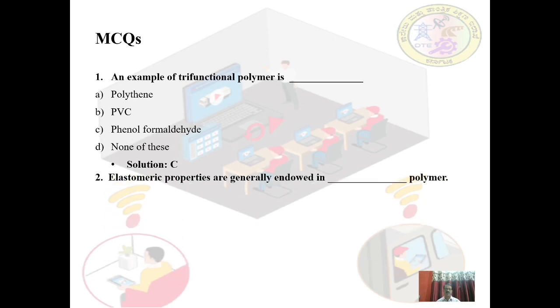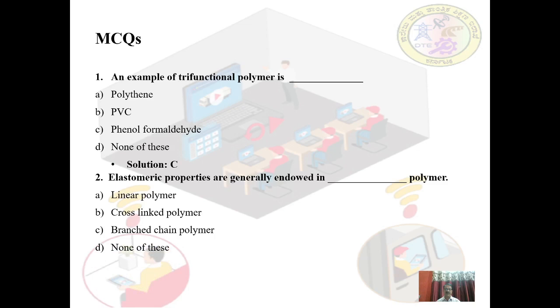Second, elastomeric properties are generally endowed in dash polymers. Options are A linear polymer, B cross-linked polymer, C branch chain polymers, and D none of these. Right answer is B, that is cross-linked polymer.